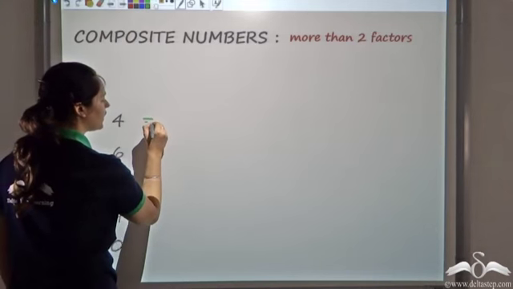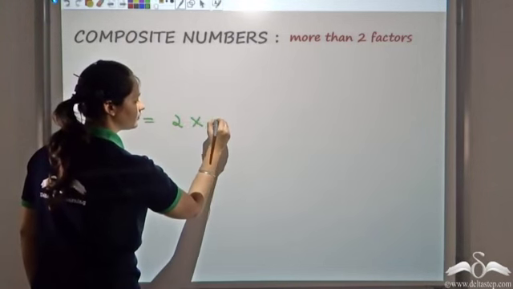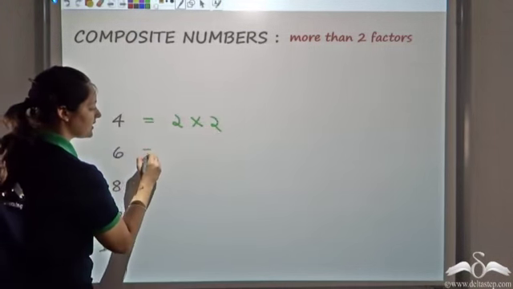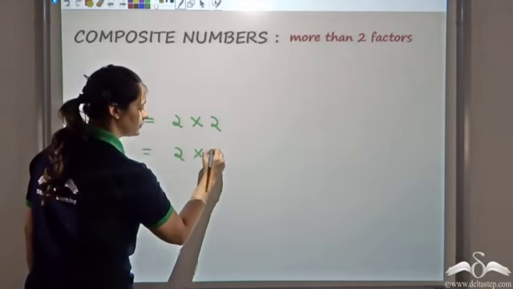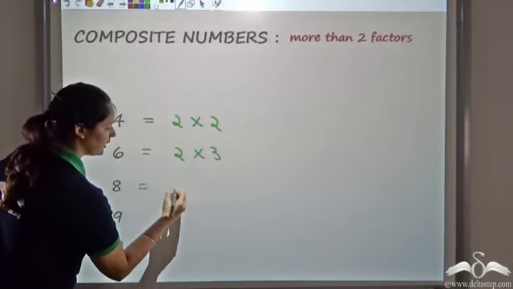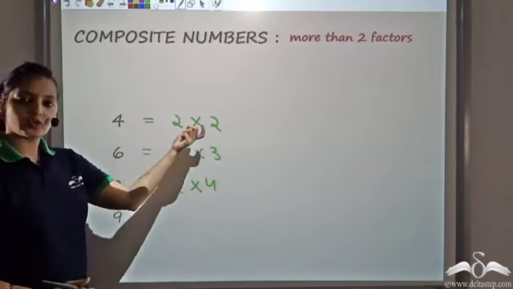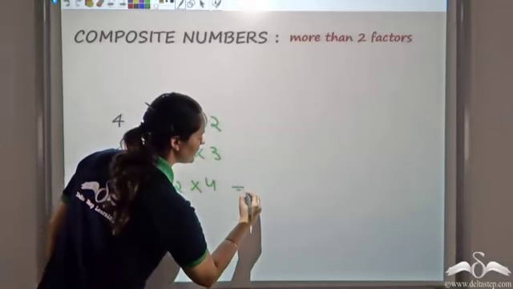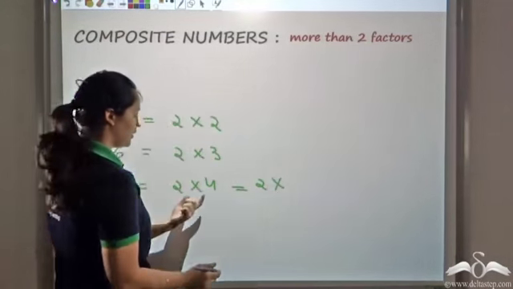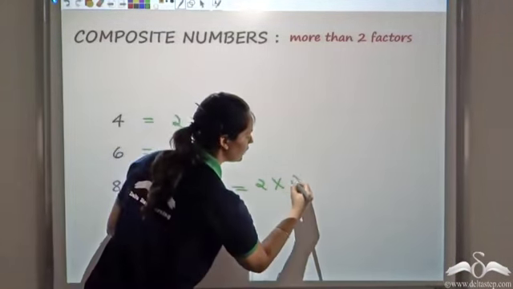Now I can write 4 as 2 into 2. I can write 6 as 2 into 3. Again, 8 can be written as 2 into 4. But further I know that 4 is 2 into 2. So this can be written as 2 into 2 into 2, rather than writing 4, I would write 2 into 2.